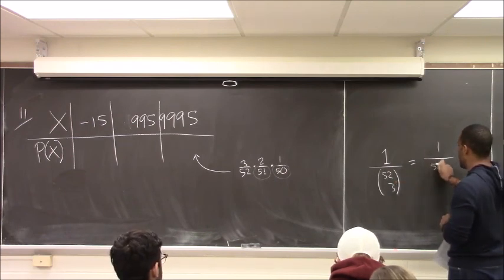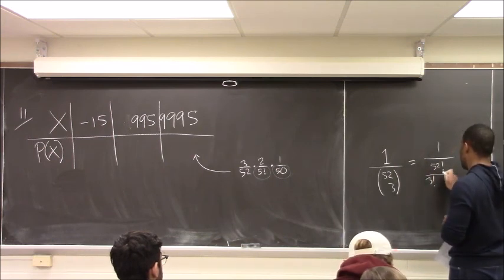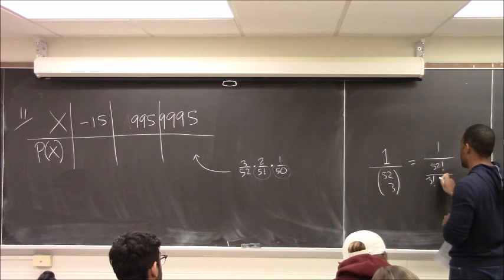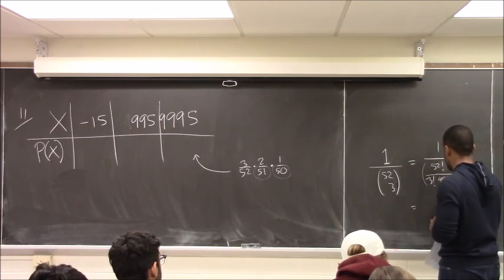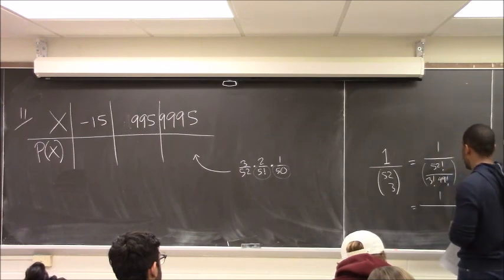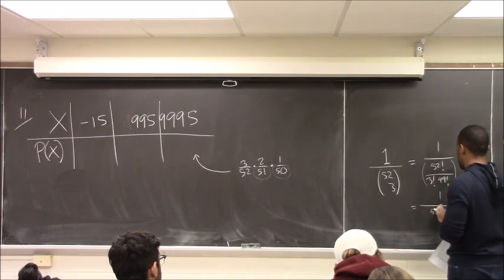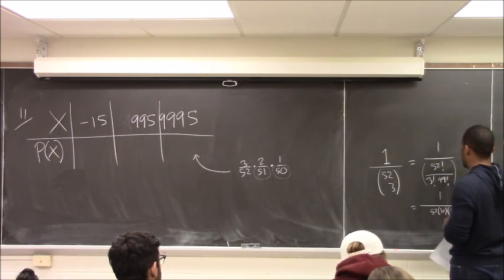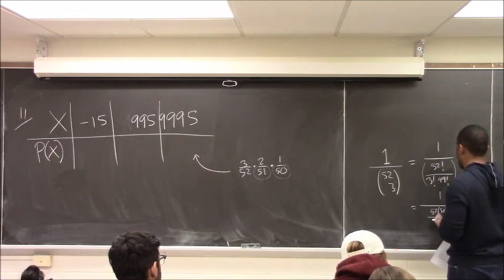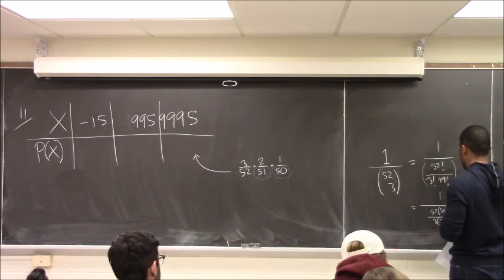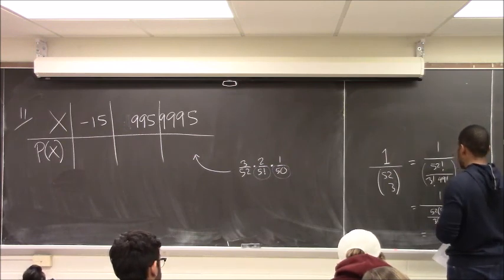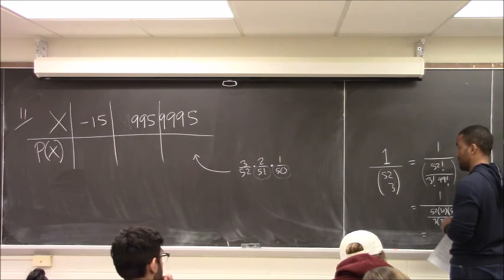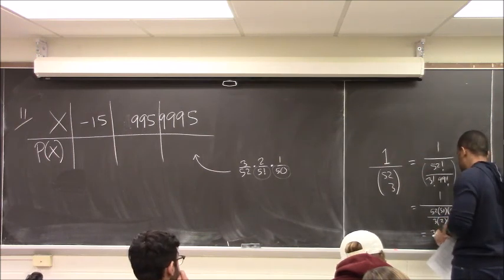That's 52 factorial divided by 3 factorial times (52 minus 3) factorial, so that's 49 factorial. So essentially the denominator is going to look like 52 times 51 times 50 over 3 times 2 times 1, and if you flip that, what do you get? You get that, right? So that's actually equivalent.